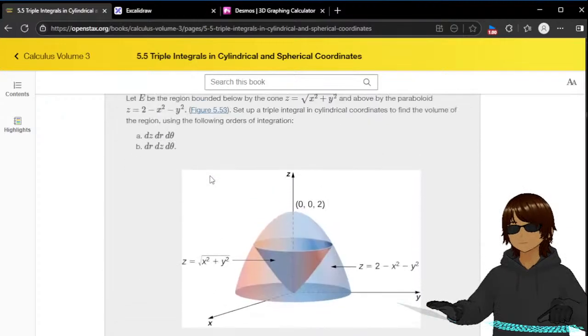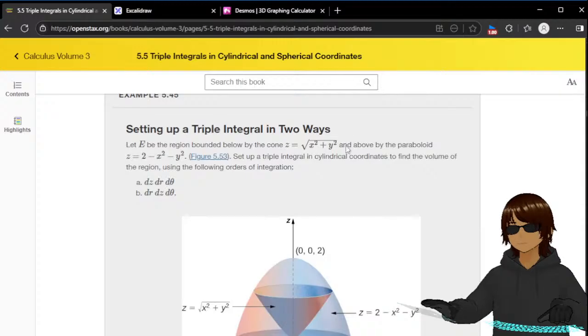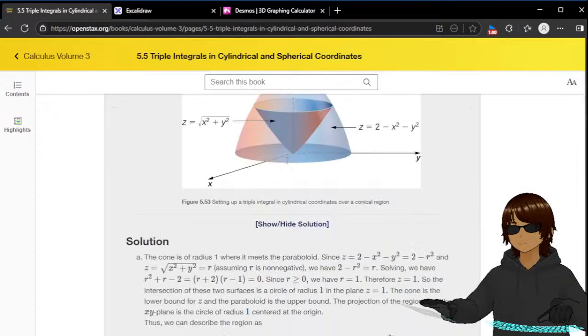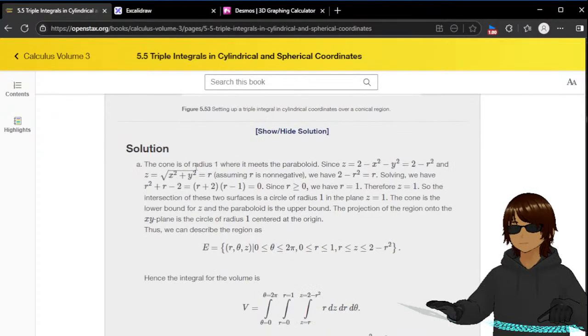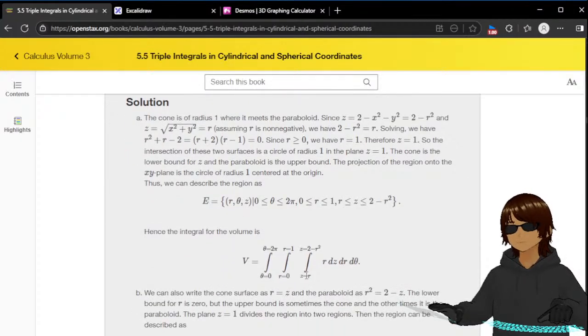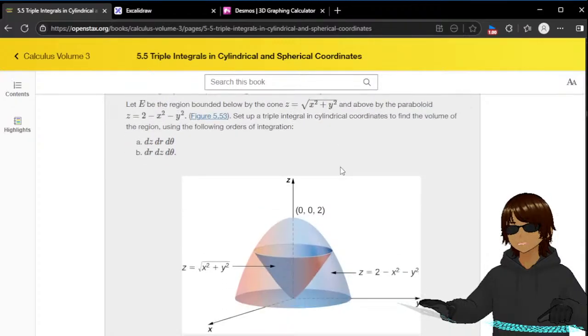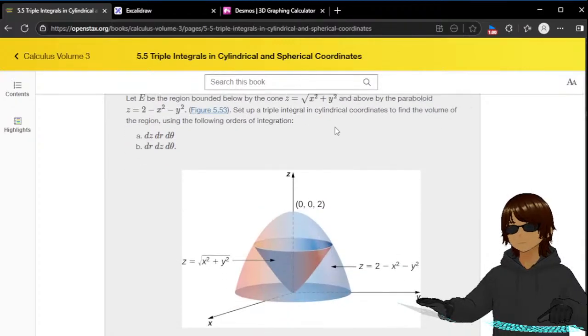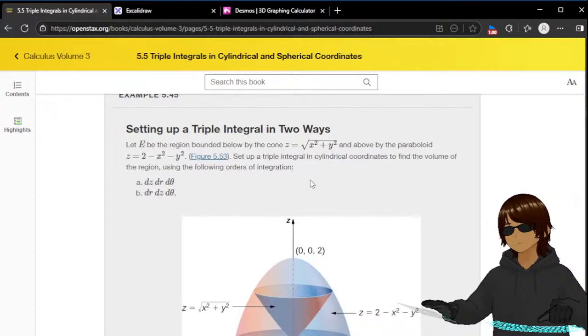And what do they do? First they evaluate z, right, from z equal to r to z equal to 2 minus r squared. I don't understand. z is equal to r.